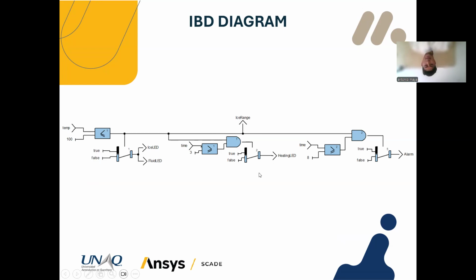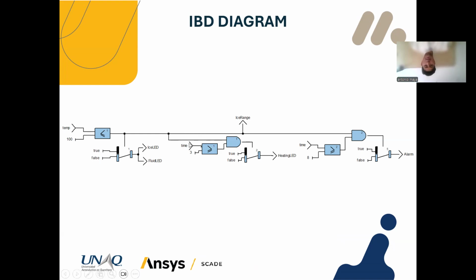And we also have this second part, which corresponds to the heating LED. This is the subsystem that is turning on the electrical resistor. Basically, when we have a time that is greater than 3 seconds, that is the time it takes to start to activate this subsystem.